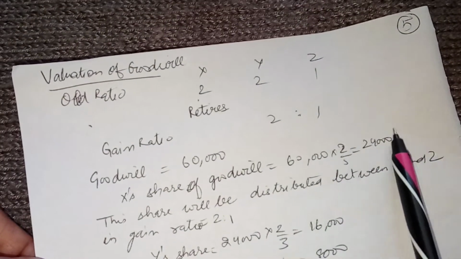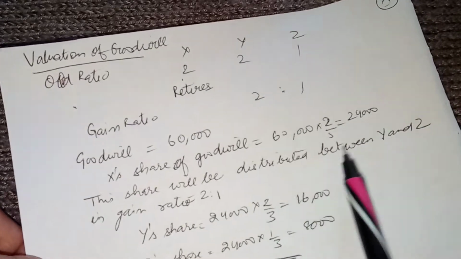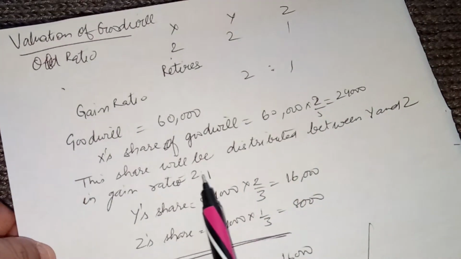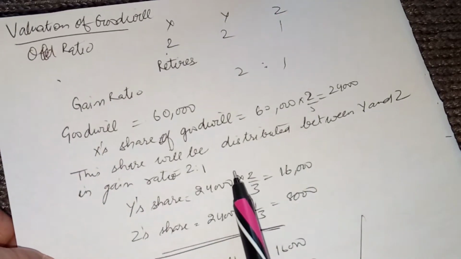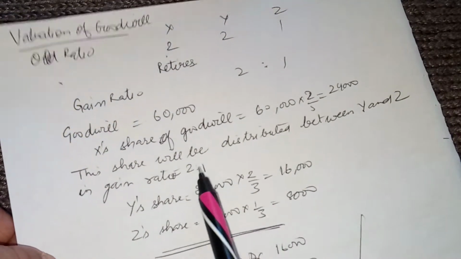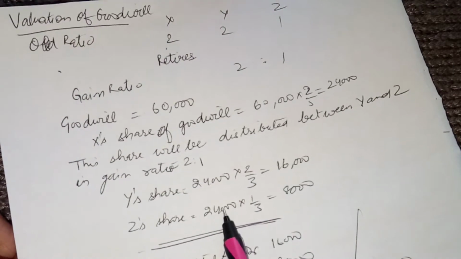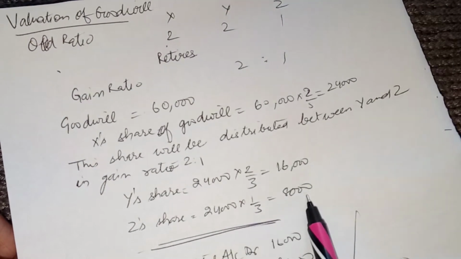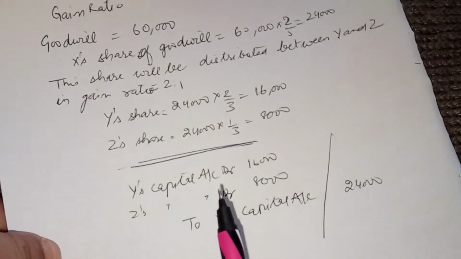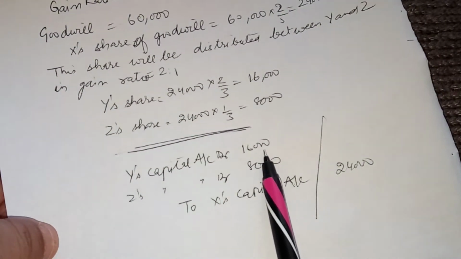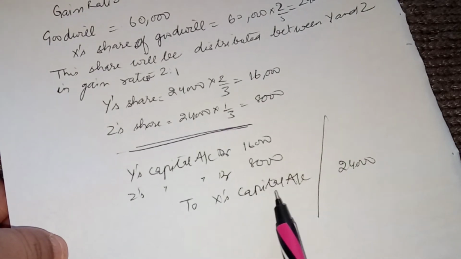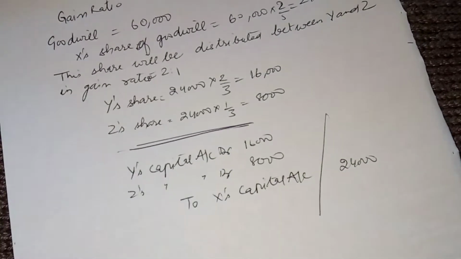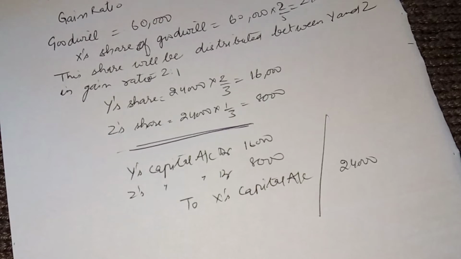This 24,000, this share of goodwill, will be distributed among Y and Z in the gain ratio 2:1. So Y's share will be 24,000 into 2 by 3, that is 16,000, and Z's share 24,000 into 1 by 3, that is 8,000. The entry will be Y's capital account debit 16,000, Z's capital account debit 8,000, to X's capital account 24,000, and this entry will have its effects in the capital accounts.